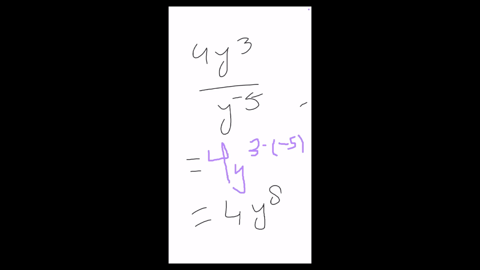Now, last but not the least, I am writing the third alternative, which can be 4y cubed, or 4y raised to the power 3, and again y raised to the power 5. It can be our quotient rule by multiplying as well.